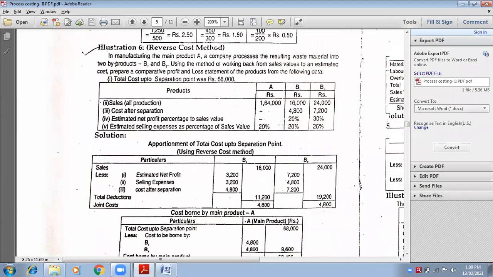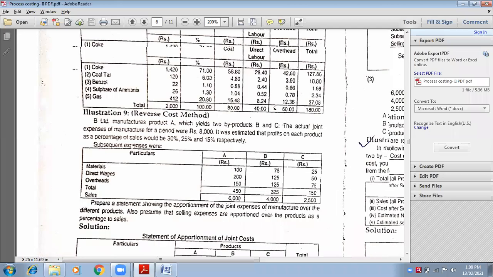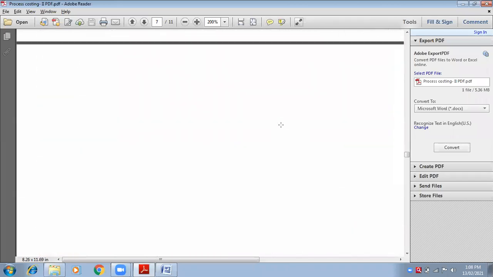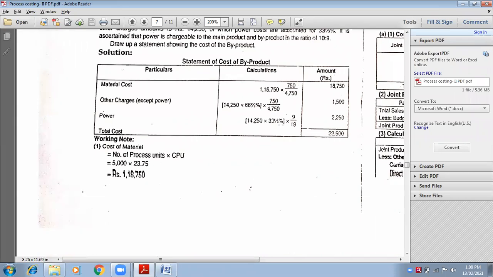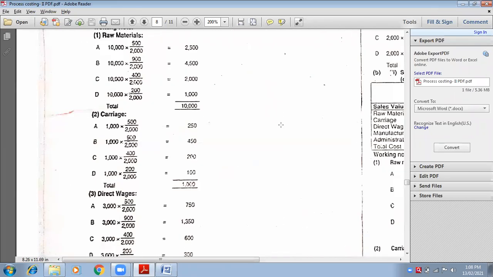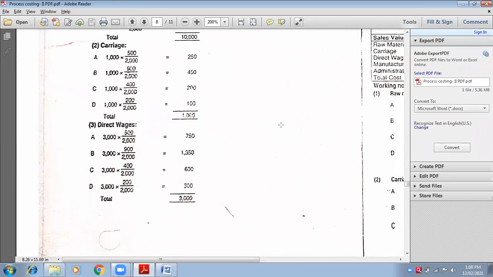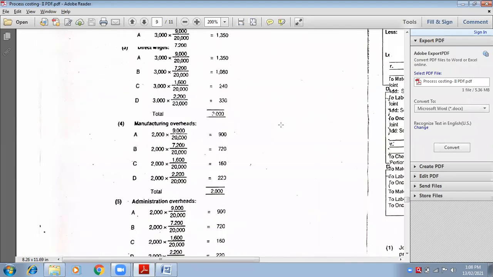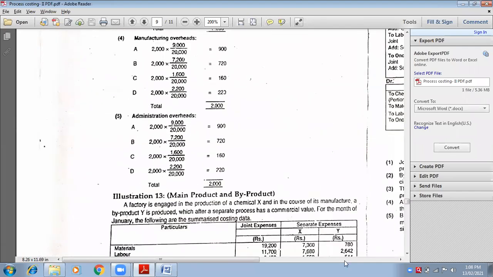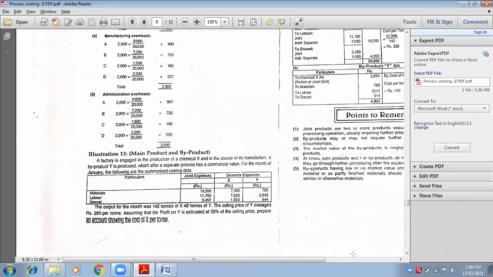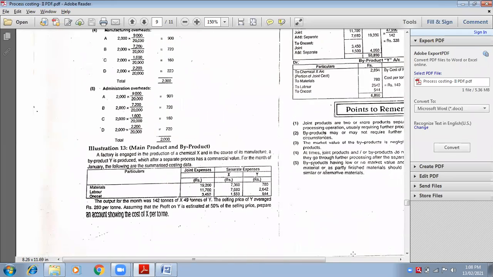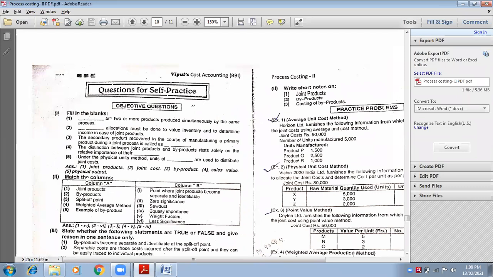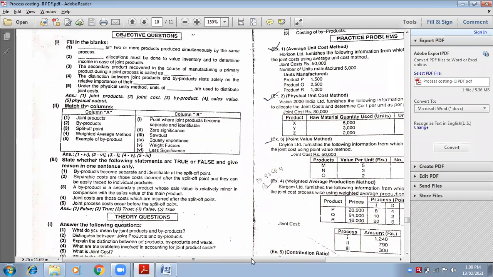Okay, now let us quickly begin with the next question, which is also related to the point value method. Let us begin with the unsolved question. So this is the point value method.